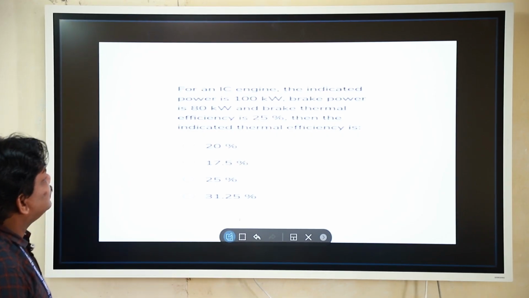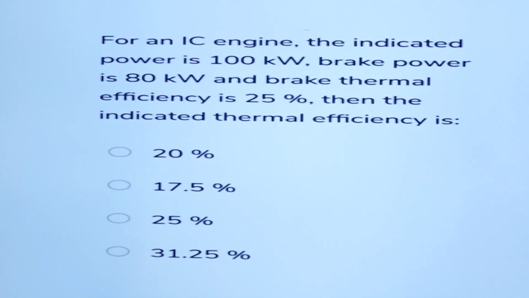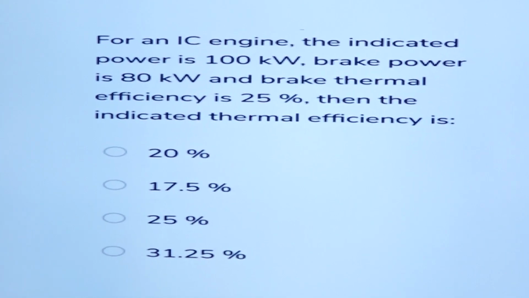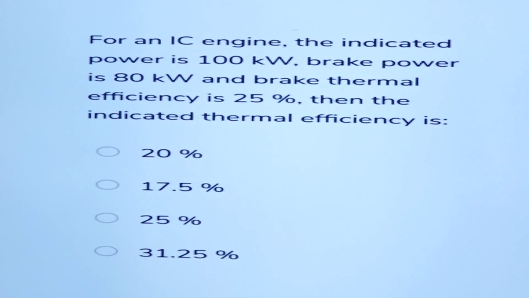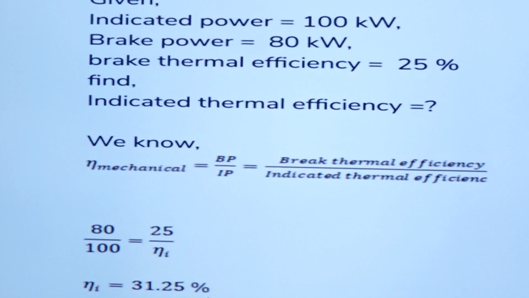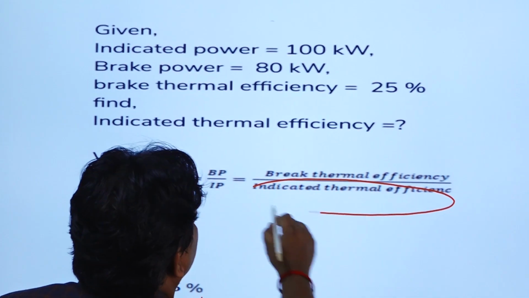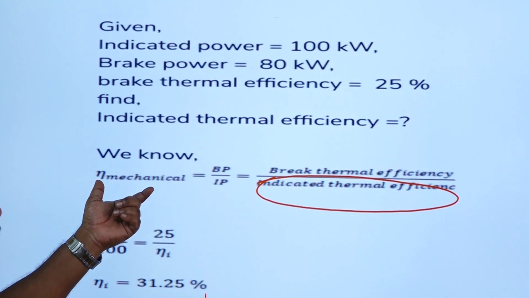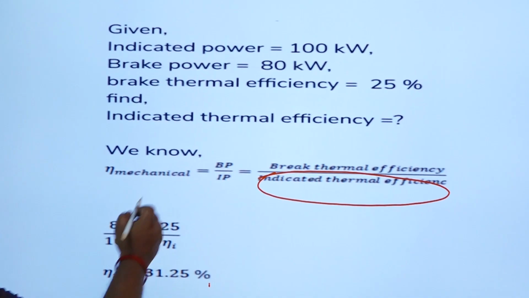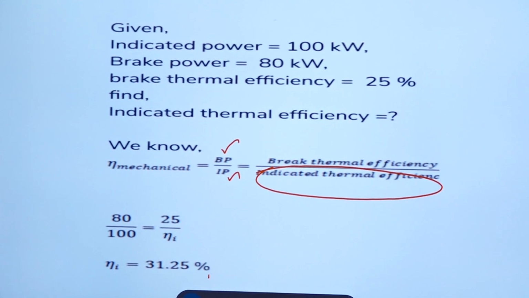So the next one is an objective question, with 4 answers. For an IC engine, the indicated power is given to you, then brake power, then brake thermal efficiency is given, and indicated thermal efficiency. So what is the indicated thermal efficiency? The indicated thermal efficiency comes from the formula for mechanical efficiency, that is brake power by indicated power.